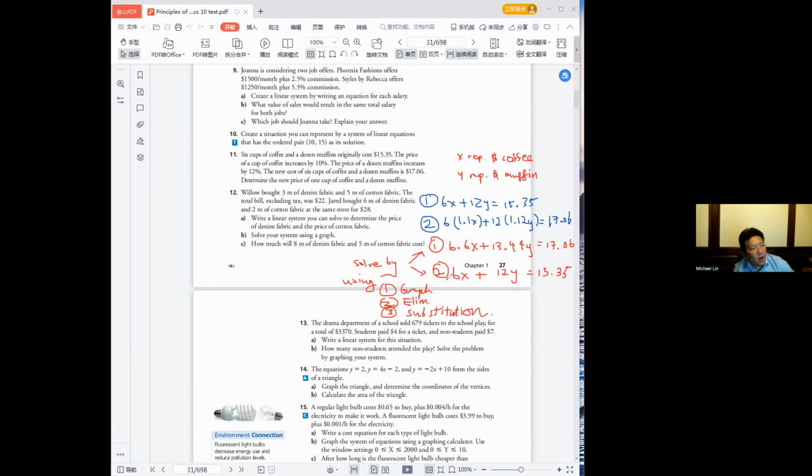You will then solve for x and y. Remember, x and y are the old prices of the coffee and muffin. The question asks you to determine the new price of 1 cup of coffee. So you have to multiply the x by 1.1 and the y by 1.12 in order to answer the question, because they want the new price.